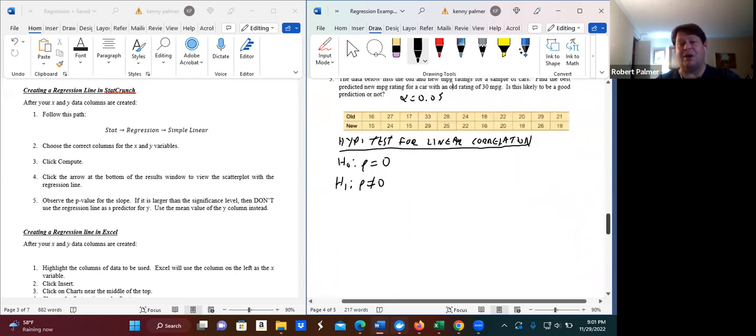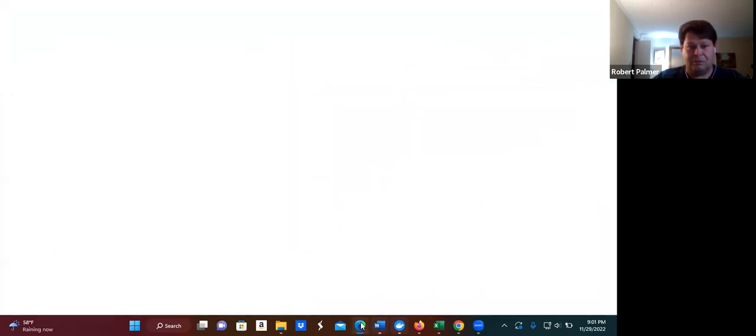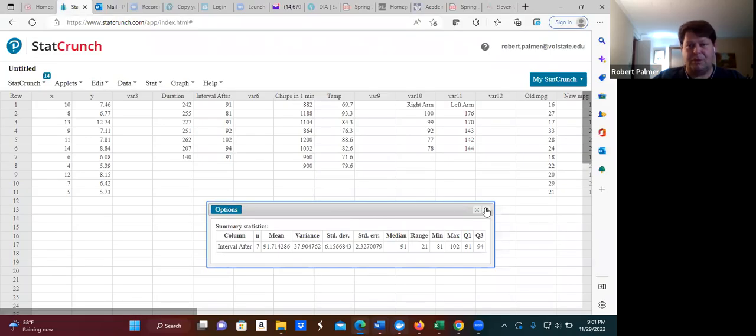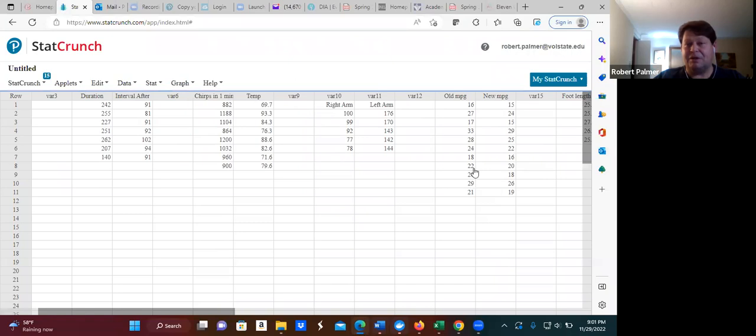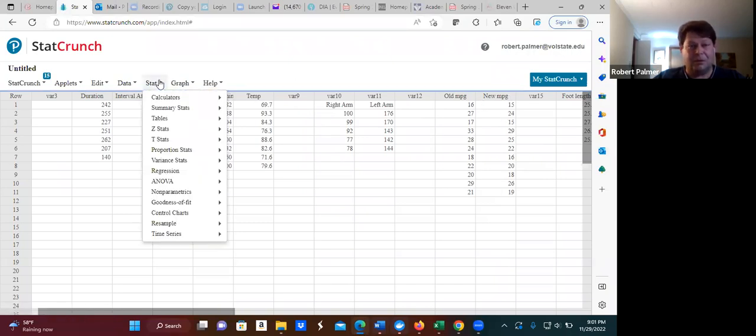Okay, so go to StatCrunch once again. I already have this data plugged in. So we'll do the exact same things. Okay, let's close that. Actually, I have that data over here to the right, old mile per gallon, new miles per gallon. Let's slide this over, you can see it. Okay, do the same thing, go to Stat, Regression, Simple Linear.